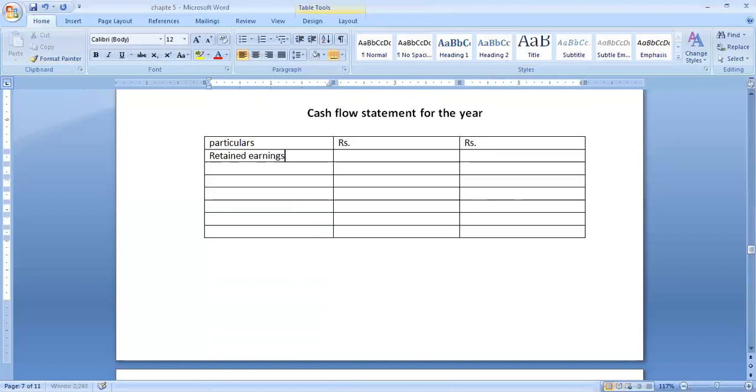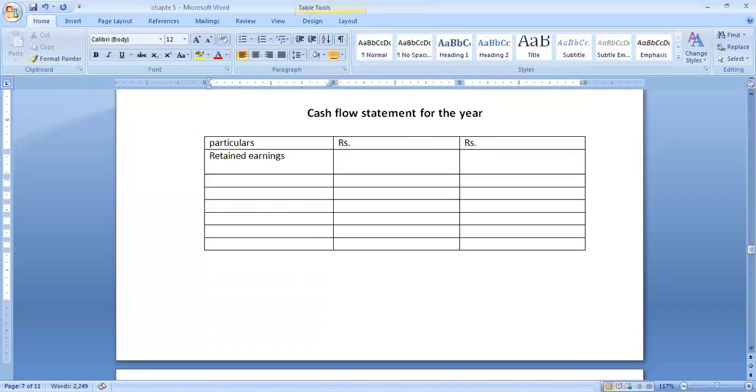So retained earnings. So retained earnings here for the year it is 1,60,000 minus 1,25,000. So what will be the value? Write it in the outer column. The value is 35,000.